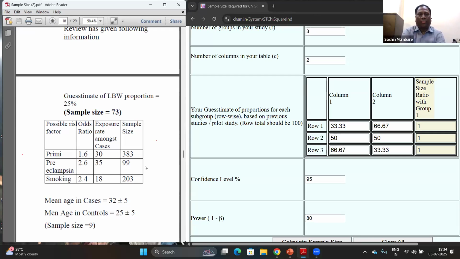So for the first 3 categorical risk factors, you can use the link for odds ratio, and for the mean age in cases versus the mean age in controls, sorry for that spelling mistake, you can use the link for difference between 2 means.